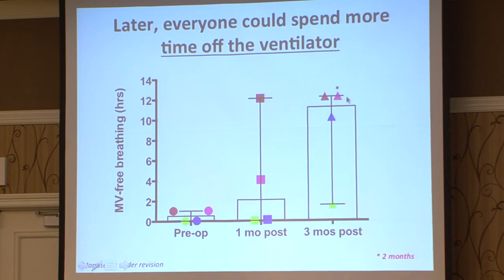Caveat, this light pink measurement was just taken at 2 months. That individual's not quite yet at the 3-month point. But we're encouraged that over the course of time with conditioning, the patient is able to maintain ventilation using the pacemaker off the ventilator.